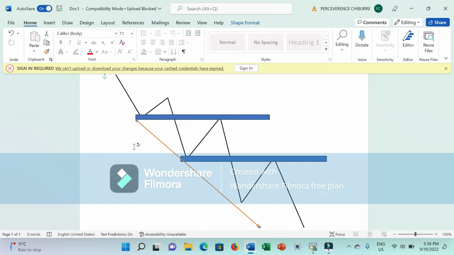The reason I call it the break and retest strategy is because it comes at a certain level and then it breaks the support, the point of resistance, and then again it comes and retests that point.